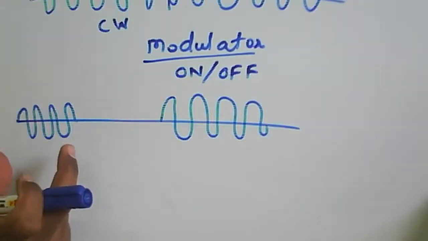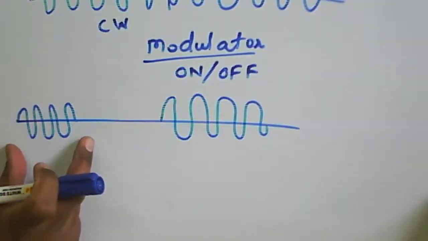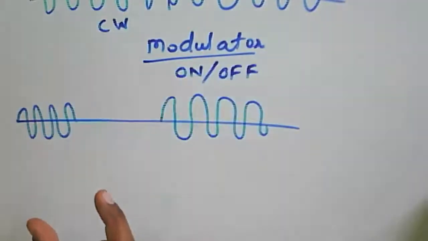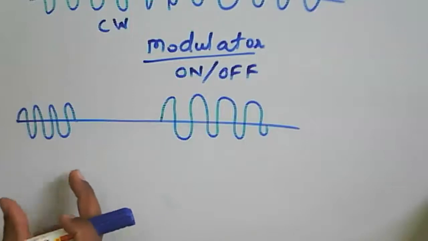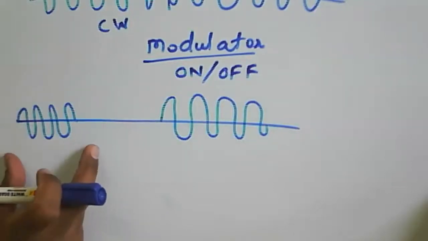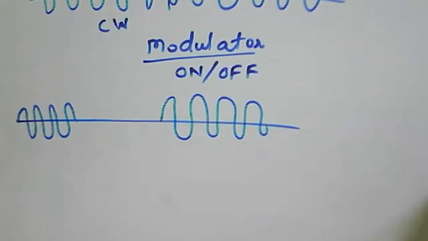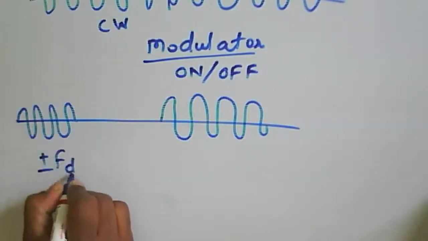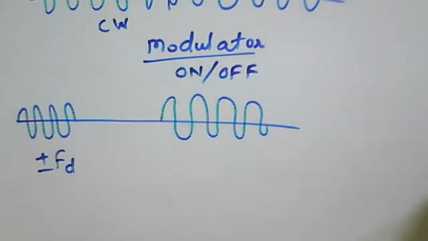This one is the transmitting pulse, because we are using an on-off modulator, and then we get the echo, and the echo consists of plus or minus FD.